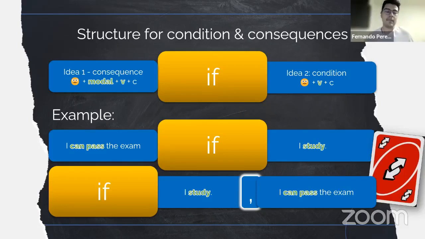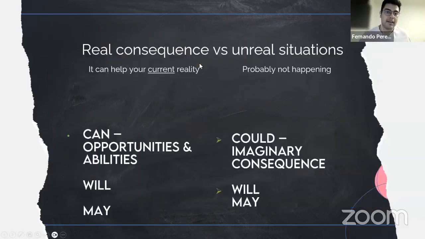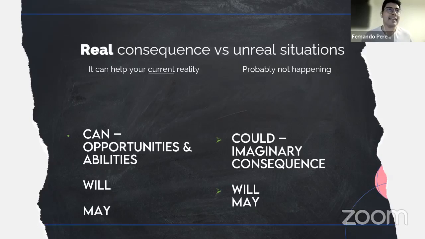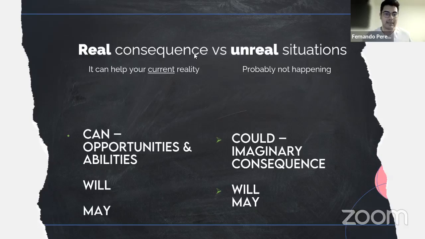Fantastic. So something that Vianney was saying, very important here, is the difference between a real consequence versus unreal situations. Real consequences can help your life in this moment. But unreal situations are probably not happening yet.